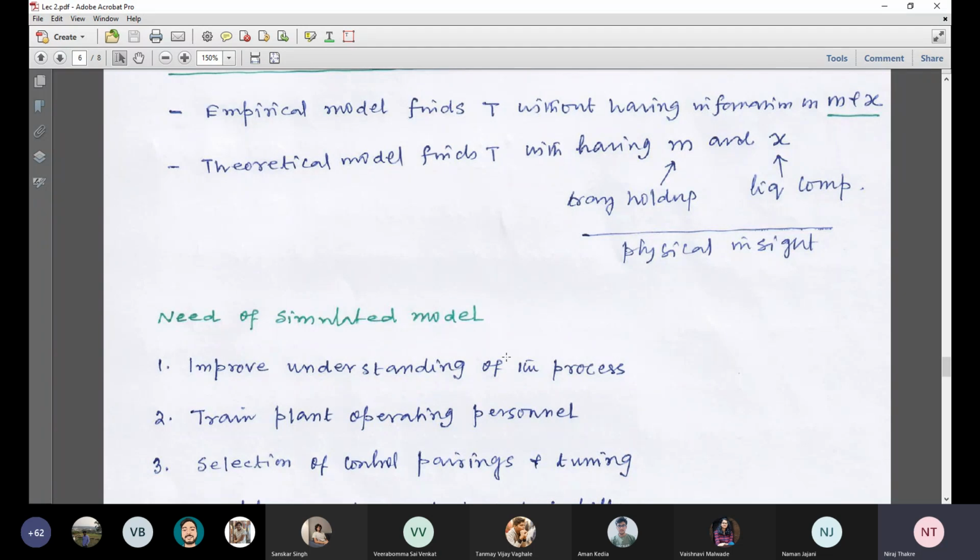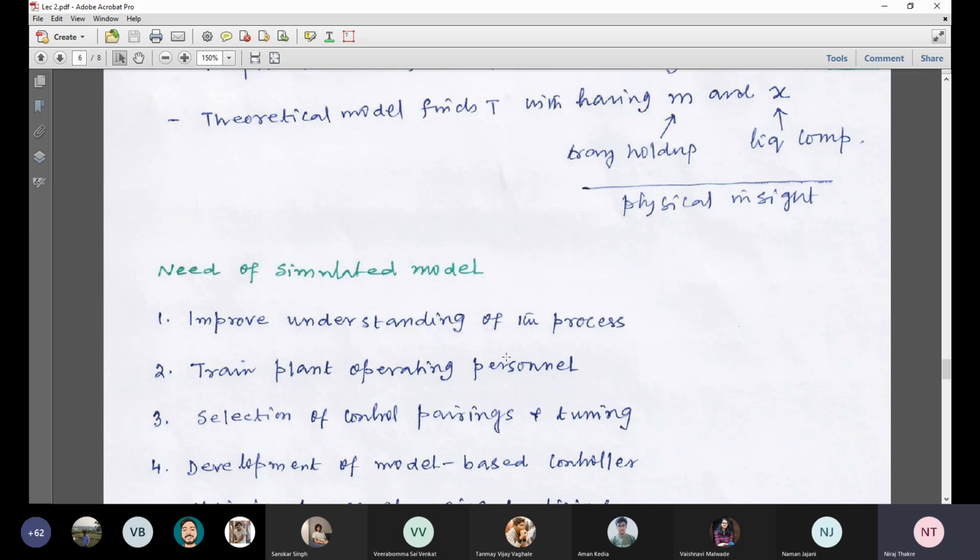It is taught at master's level, in advanced process control, which the dual degree students will read. There we discuss the selection of control variable and manipulated variable pairs theoretically, and there we need the model. And controller tuning requires the process model that we will discuss later in this UG course.